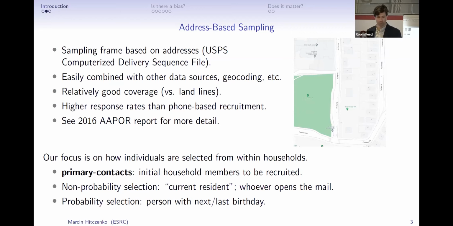This can be done in a variety of ways. It can be done in a less conscriptive way, where you reach out to the general household and see who responds. You get whoever comes forward. Or you can add a probabilistic element to it by, for example, asking for the person with the next birthday or maybe the last birthday. Of course, nothing guarantees great sample representation.